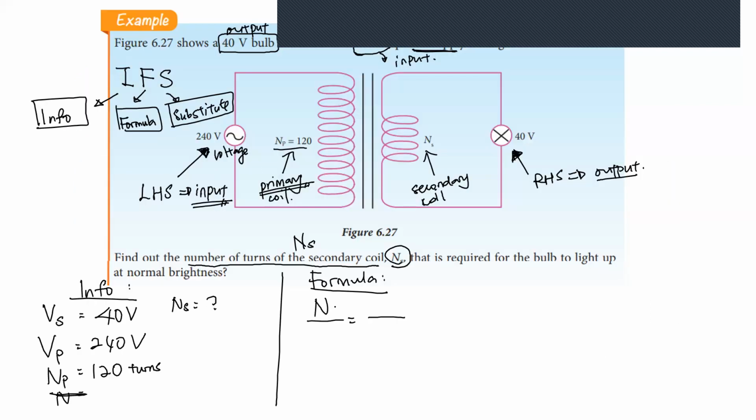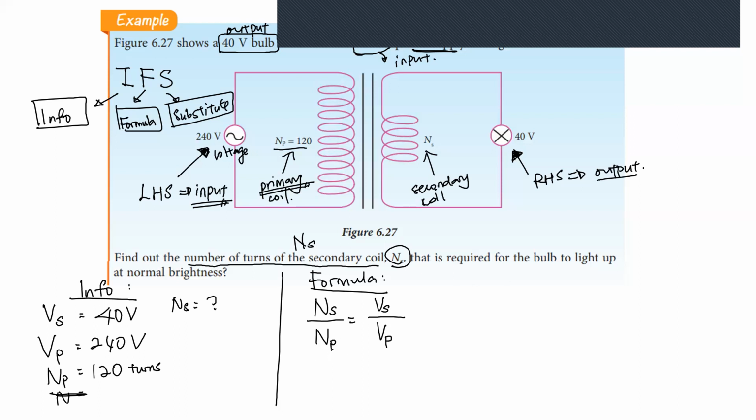So unknown, then fill up the rest. Ns and Np, Vs and Vp, V and V on the same side. Then this is S, sure, this is P. So the ratio same as S, ratio same as P.